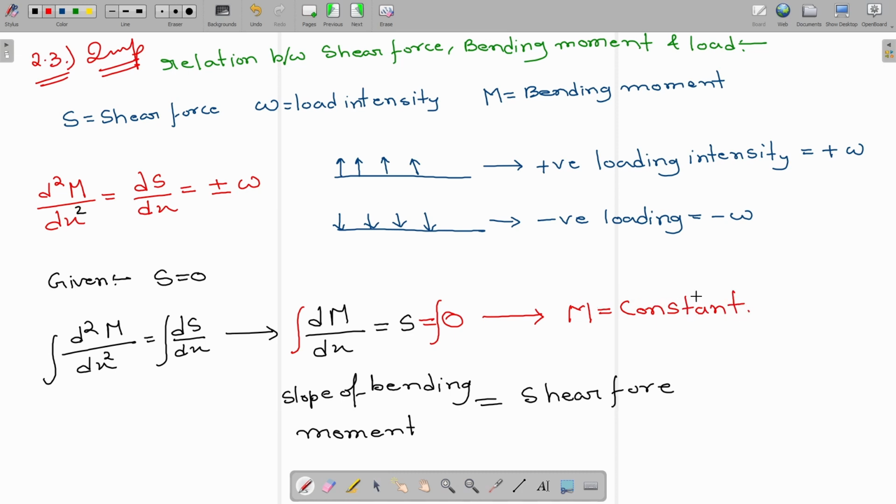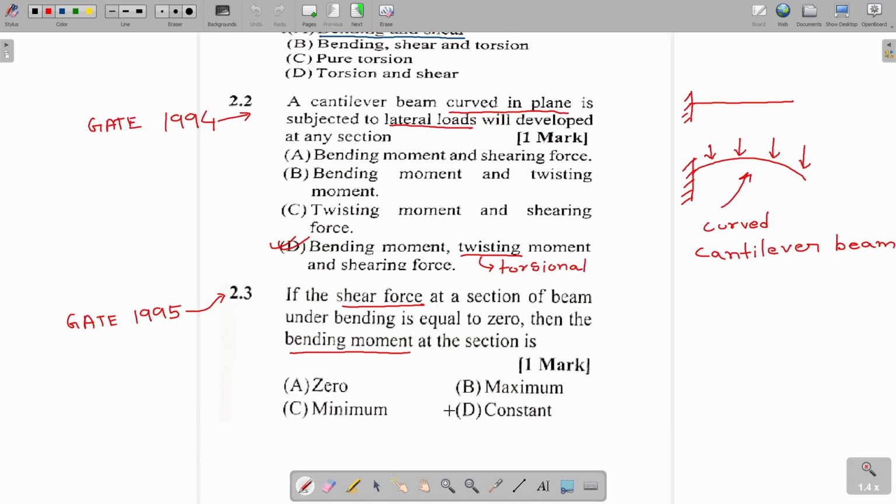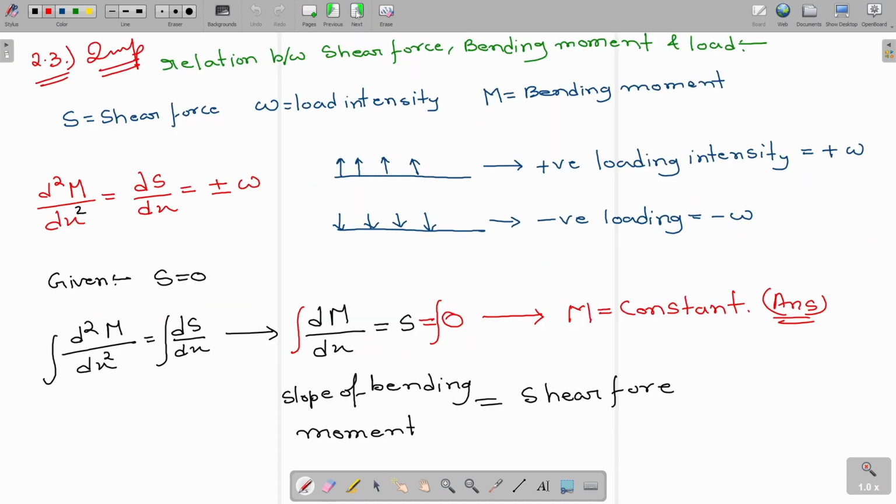So in this case, this is the answer. And the option is, I think, most probably D. Option D, constant. The bending moment is constant. Okay. Now for the next question.